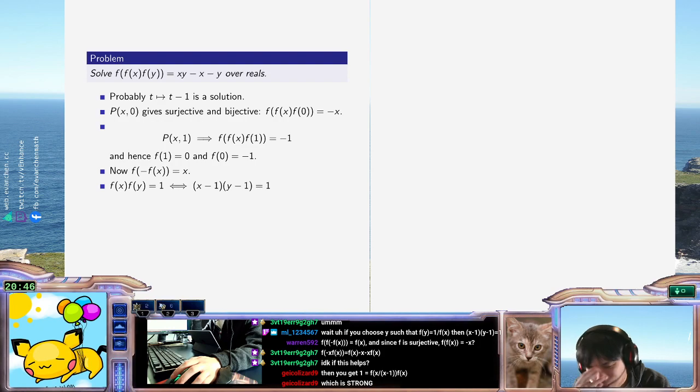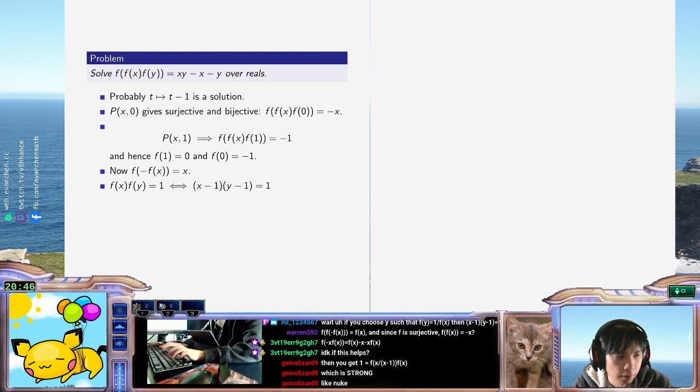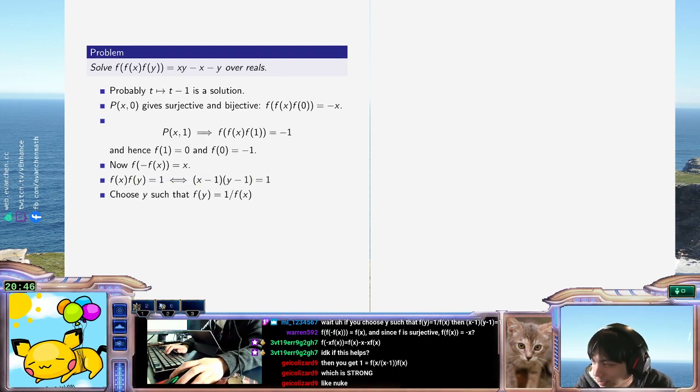It's not that good. So I choose y so f(y) equals 1 over f(x). Oh, I think we did almost the same thing. Wait, yeah, this is the same thing.